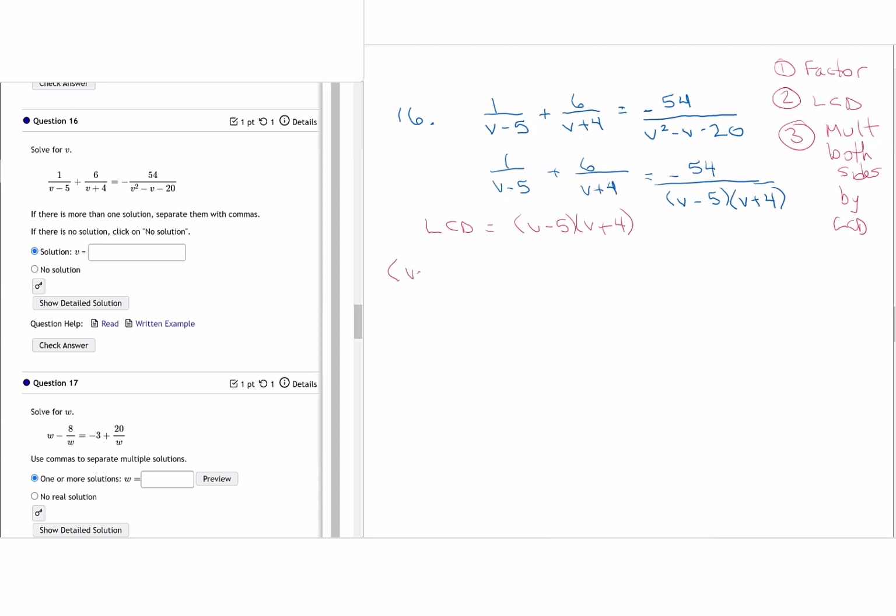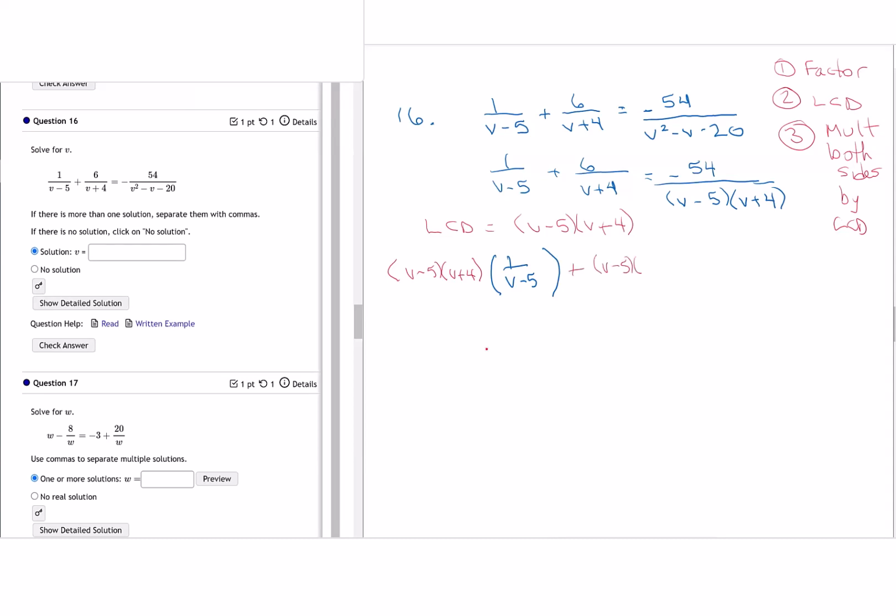I have V minus 5 times V plus 4 times 1 over V minus 5. And I'm just going to start by distributing it because I won't have enough room to do anything else.